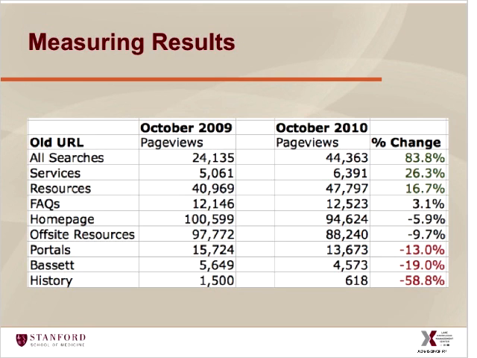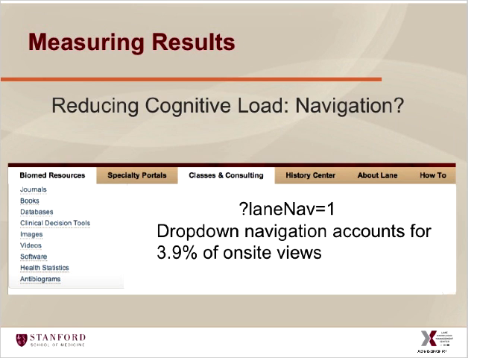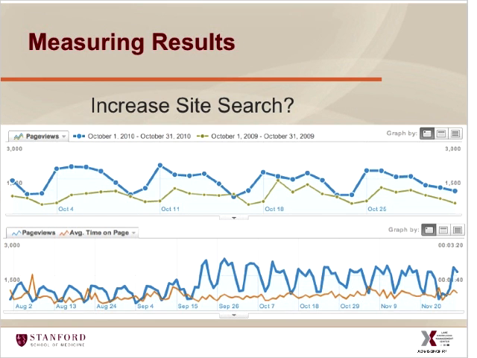And let's see. This is a lot of data that shows how we've done. Let me see if I can pick one. So here's one that's got the biggest shift. The green line was the old site, the same period a year ago.